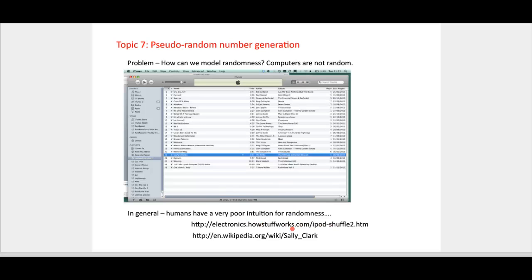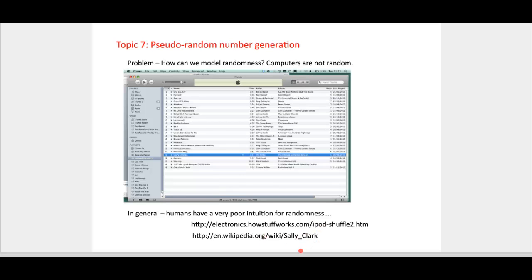You can read about it on this web page. So Apple had to modify their algorithm to actually make it less strictly random, but more apparently random, just to keep people happy. They had to cheat and make it less random, but sufficiently random that humans wouldn't give out.